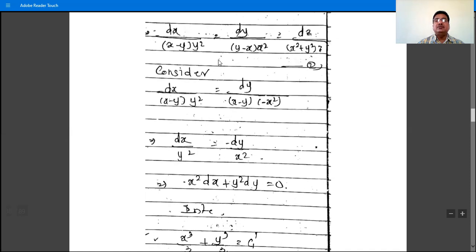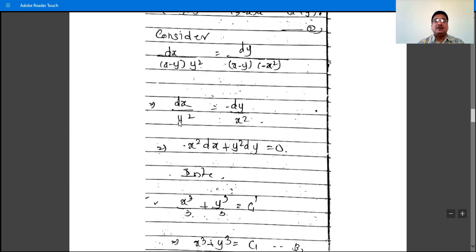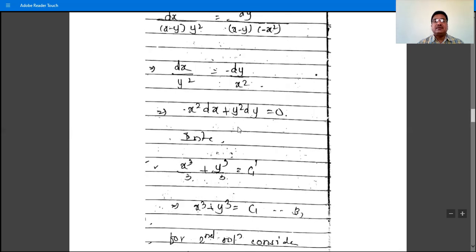Now we have to find two linearly independent solutions of equation number 2. For the first solution, consider the first two ratios. If we observe the first two ratios, the z variable is absent. So cancel x minus y. We have dx divided by y square is equal to minus dy divided by x square.